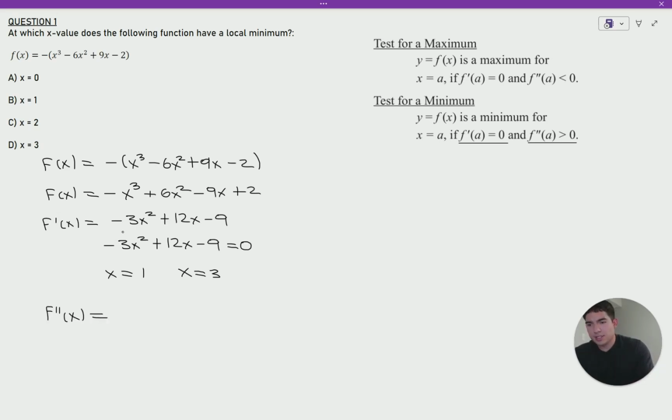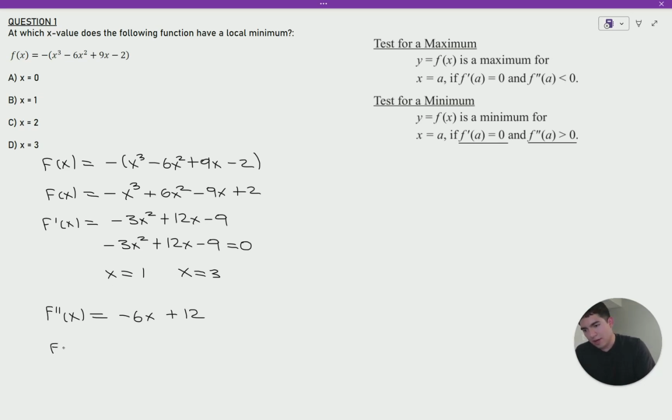So in this case, that second derivative is going to be negative 6x plus 12. So now all that we need to do is plug in these values and see which is greater than 0 and which is less than 0. So in this case, let's start off with x equals 1.